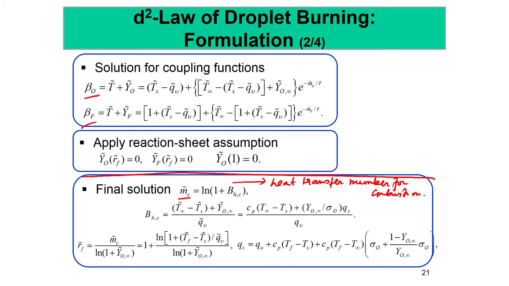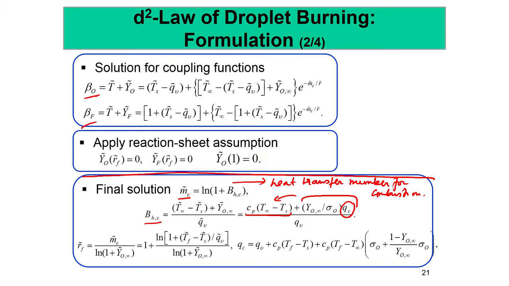The difference is that this BHC involves of course this Cp times T infinity minus TS, which was also there in the heat transfer number for evaporation. But now your heat transfer number contains a very important chemical heat release rate term, which is the QC, and this QC is now dominant over this term. So the heat transfer is not actually coming from the ambient.